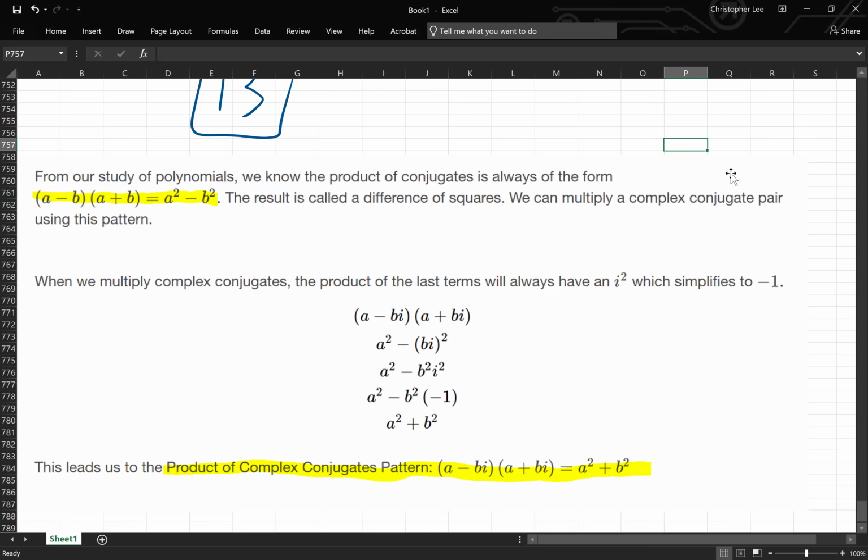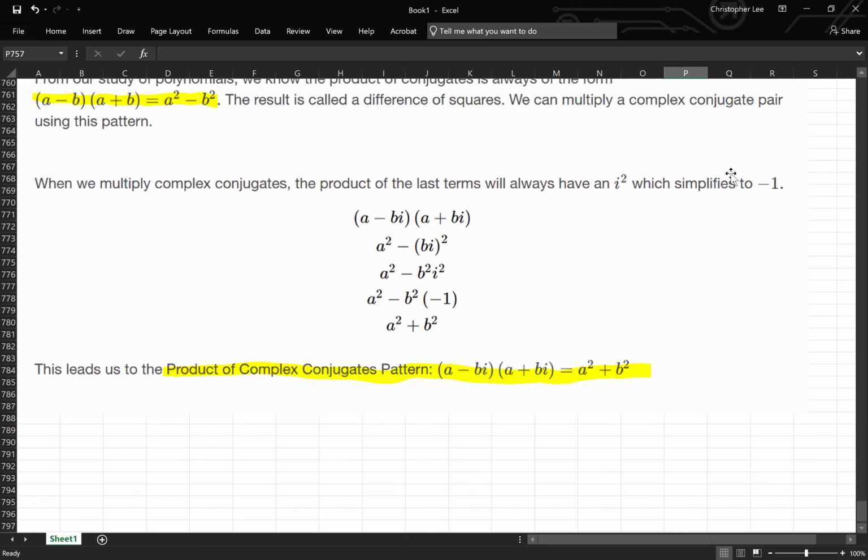So a minus bi times a plus bi becomes a squared minus b squared i squared, or a squared minus b squared times negative 1, which becomes a squared plus b squared. This leads us to the product of complex conjugates pattern: a minus bi times a plus bi is equal to a squared plus b squared.